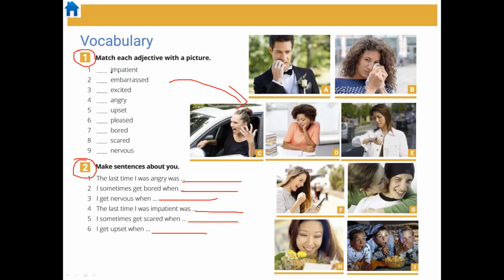Number 1 is impatient. If you are impatient, it means you hate waiting. So you're waiting for a taxi or your friend, and your friend is late, and you're getting angry. That's when you're impatient. That's picture E. There it is.